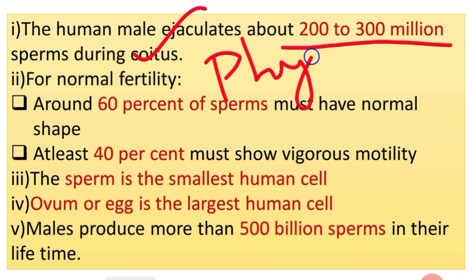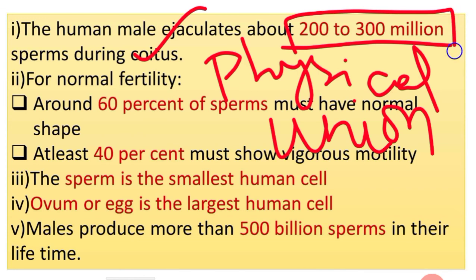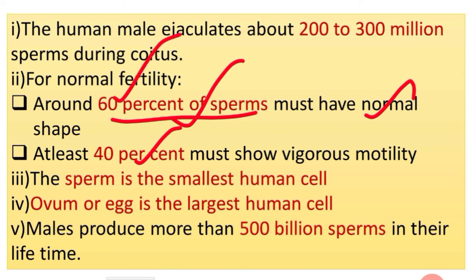Coitus means the physical union of male and female bodies. During physical union, the human male ejaculates 200 to 300 million sperm. For normal fertility, 60% of the sperm should have normal shape, with head, neck, middle piece and tail all correct, and 40% of the sperm should be vigorously motile, able to swim well. Only then is there normal fertility.